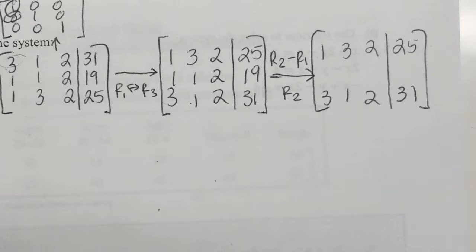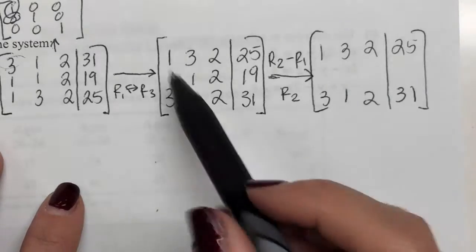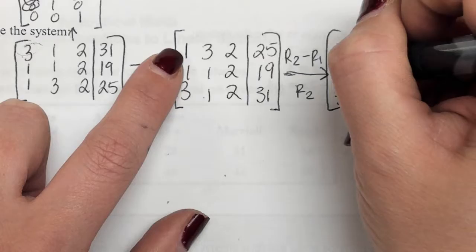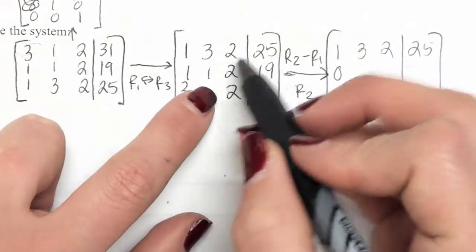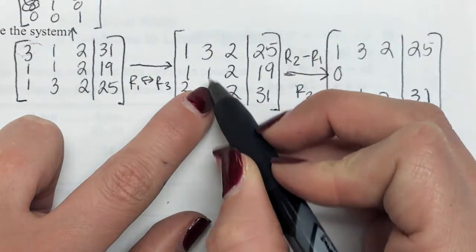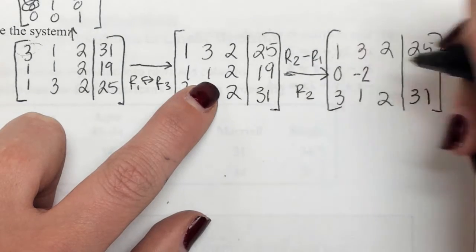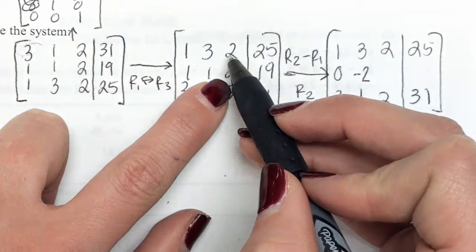Alright, starting with row 2 minus row 1. What's the first number in row 2? 1. First number here? Good, so 1 minus 1 is 0. Moving along, we got 1 minus 3. Yes. Then we got 2 minus 2. 0.